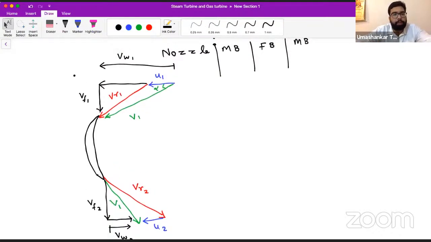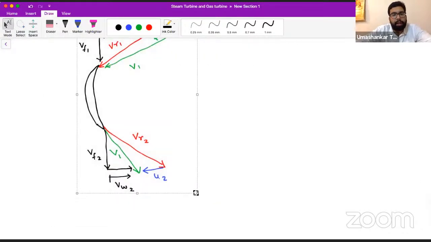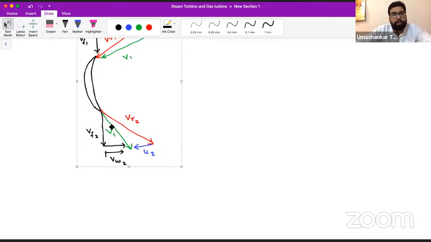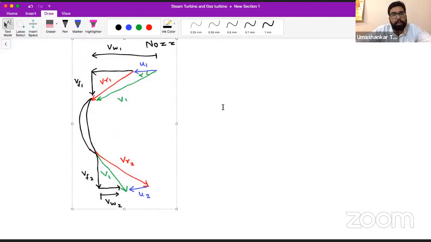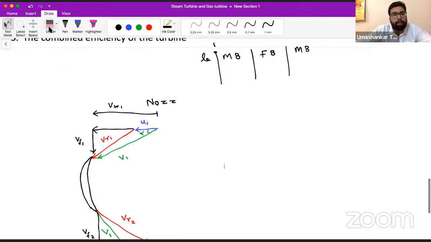Yes or no? So this is the velocity triangle. I will reduce the size of it a bit so that it comes in the same place on the screen.